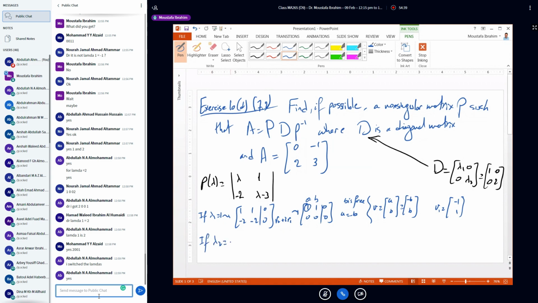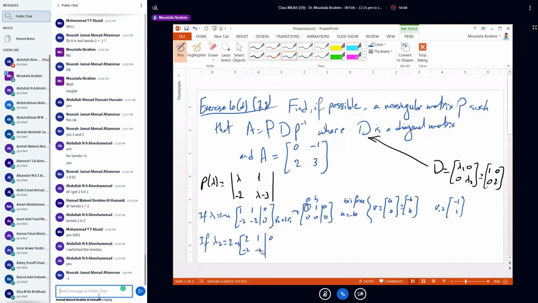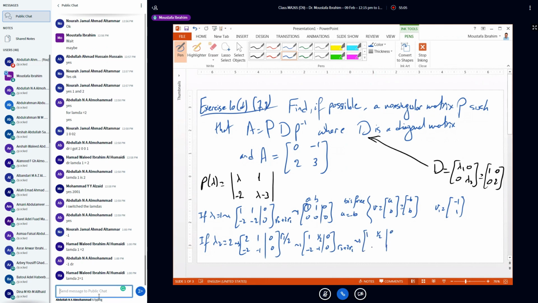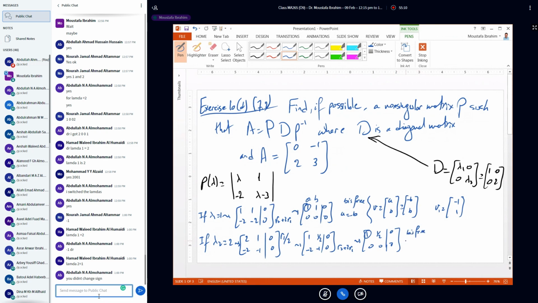If lambda 2 equals 2, so 2 - 1, 0, negative 2, negative 2, negative 2, and 2 - 1, 0. R1 divided by 2, so we get 1 half and 0, negative 2, negative 1, 0. R2 plus 2 R1, so we get 1 half, 0, 0, 0, 0. B is free. A equals minus half B. I didn't change the sign. Which sign?